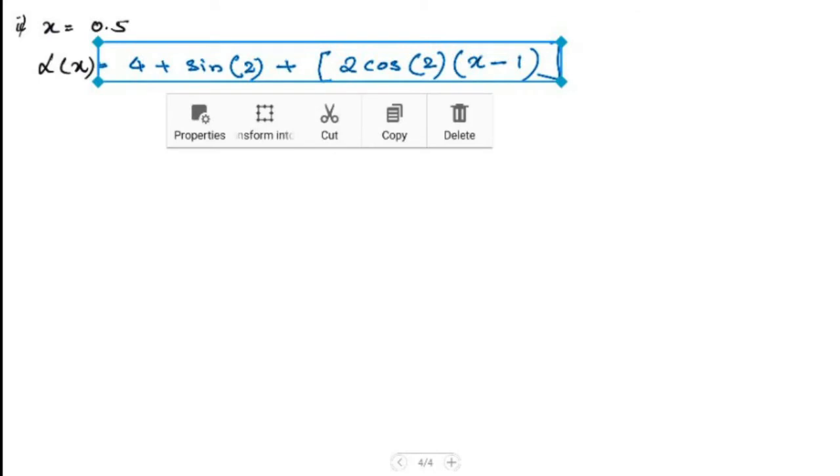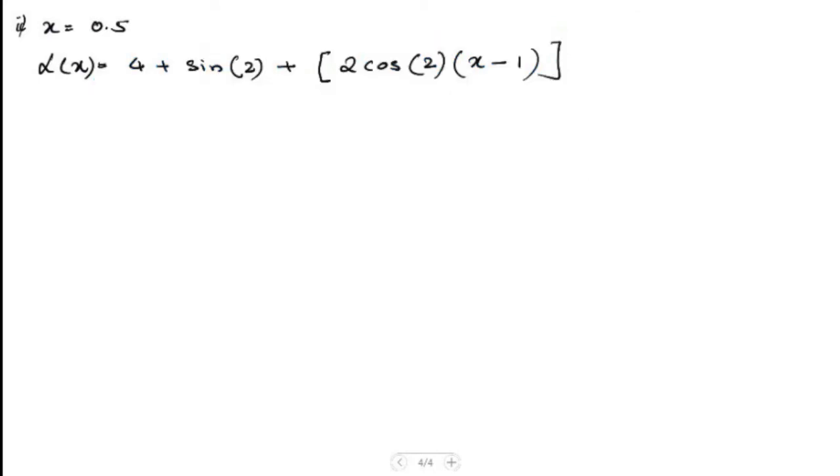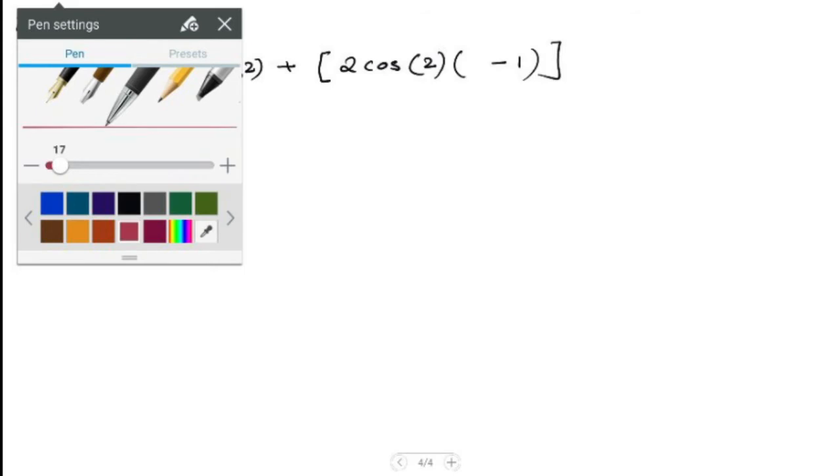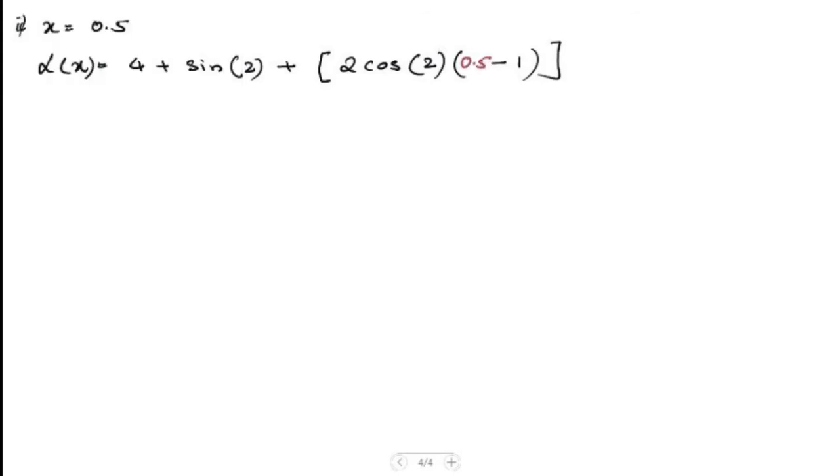For x equal to 0.5, L(x) is equal to the formula here, where we just replace the x with 0.5. That gives us the value 5.3254444263.